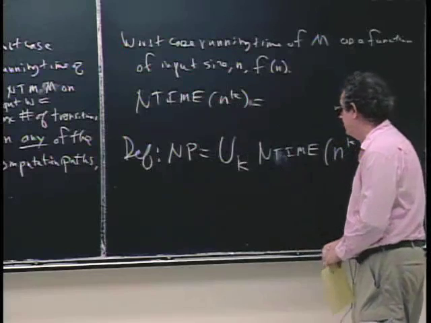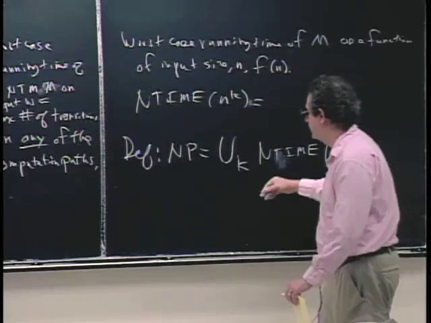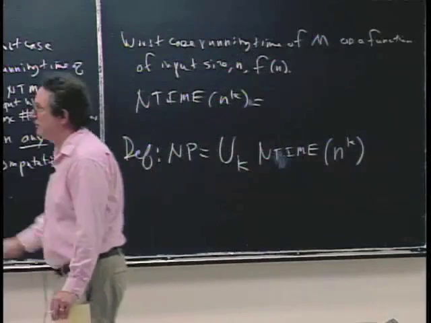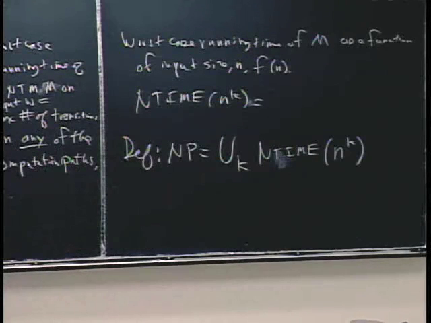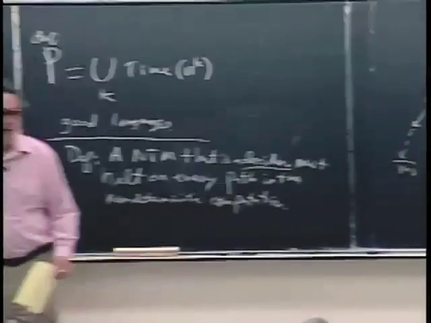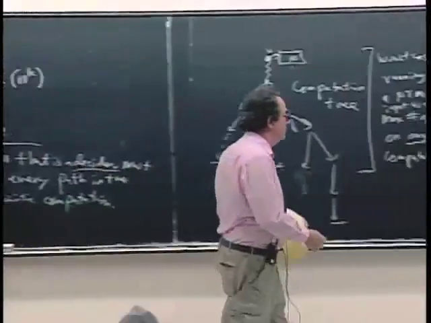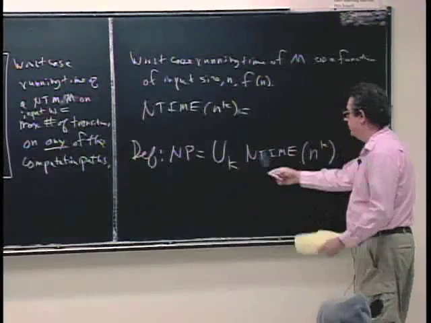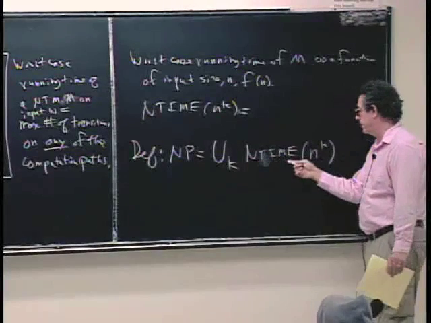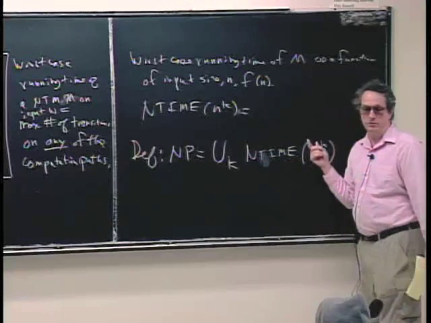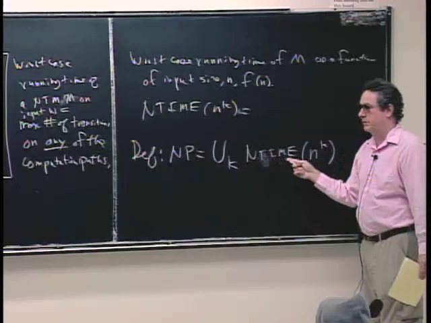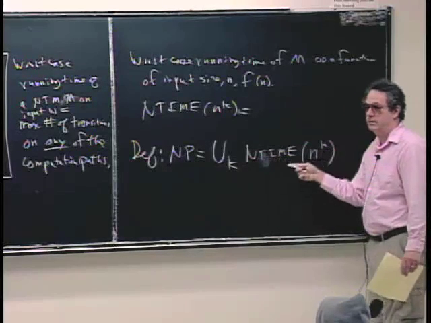Well, we had the definition of NTIME(n to the k) over here, and now we're just taking the union over all possible k. So you find all the languages that can be decided in non-deterministic time n, that's when k equals 1, all the languages that can be decided in non-deterministic time n squared, and so on.